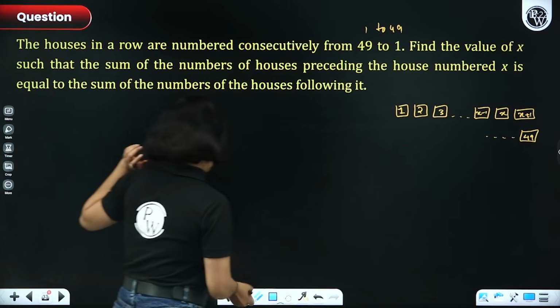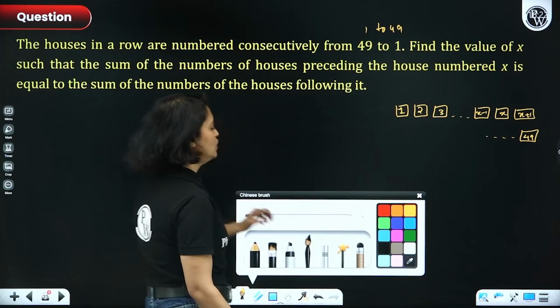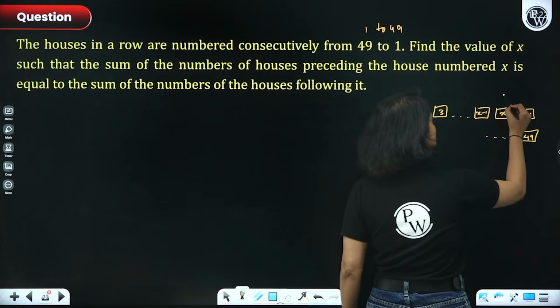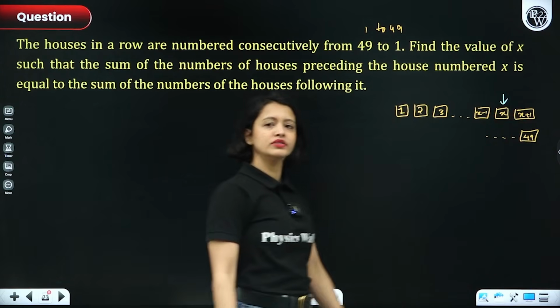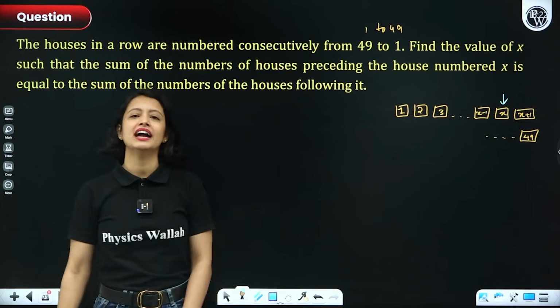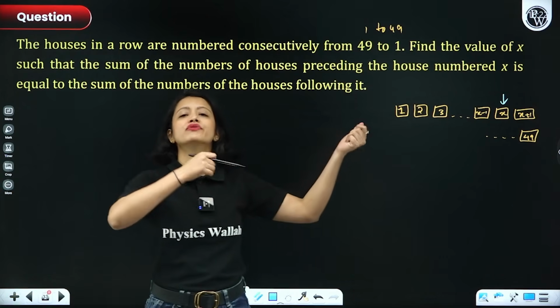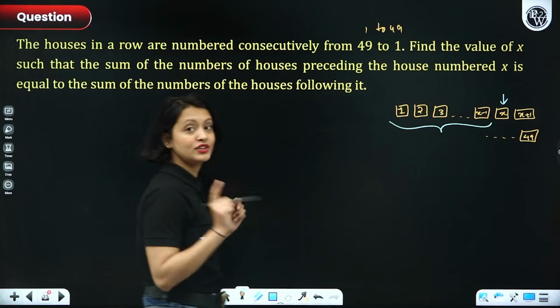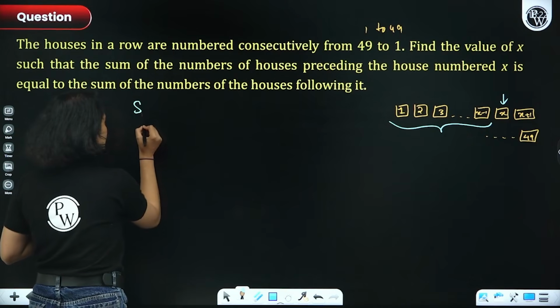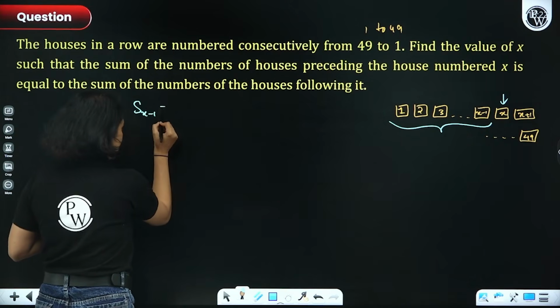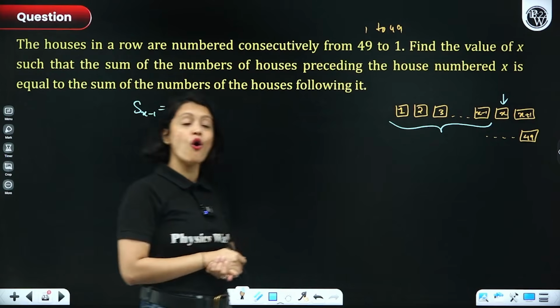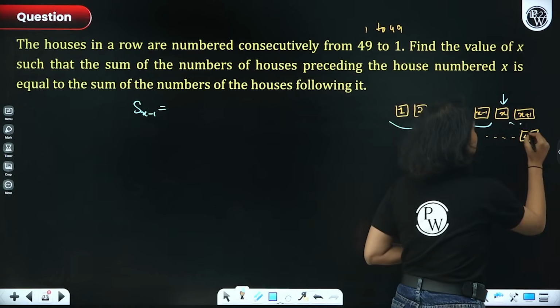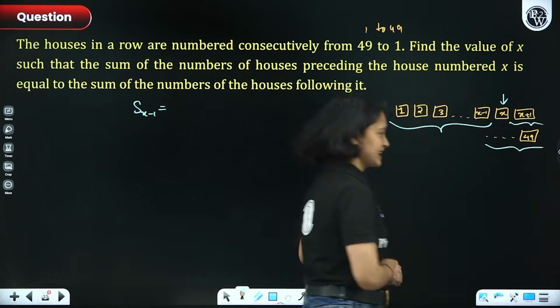Now the question is asking us to figure out the value of the number x such that the sum of all the numbers before x, which is S x minus 1, is equal to the sum of all the numbers after x.